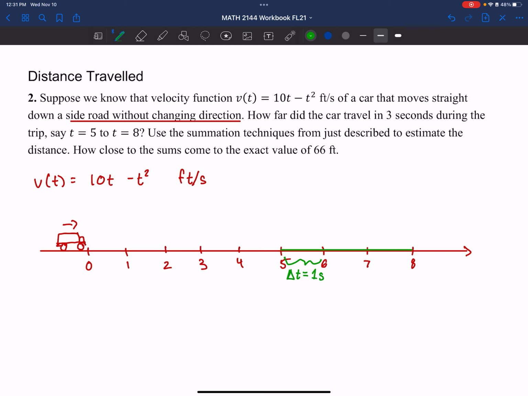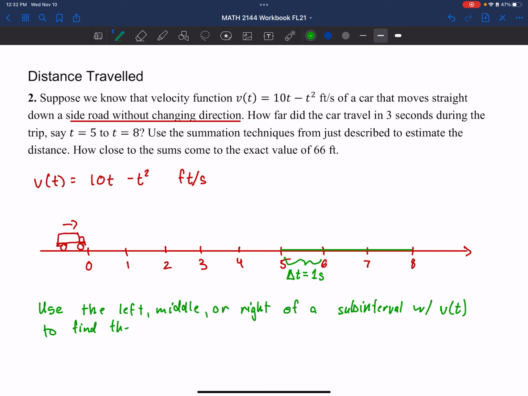And of course, to figure out the velocity at that time, we have a velocity function. So I'll make a little statement here. It says you can either use the left, middle, or right of a subinterval with the v of t to find the velocity at time t.